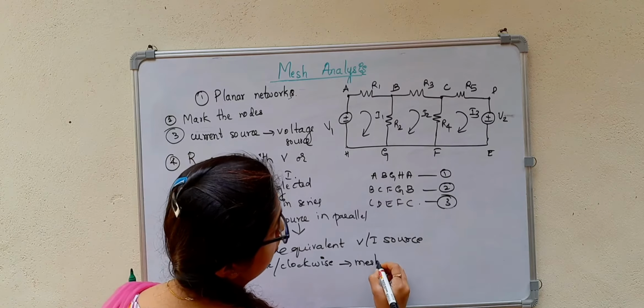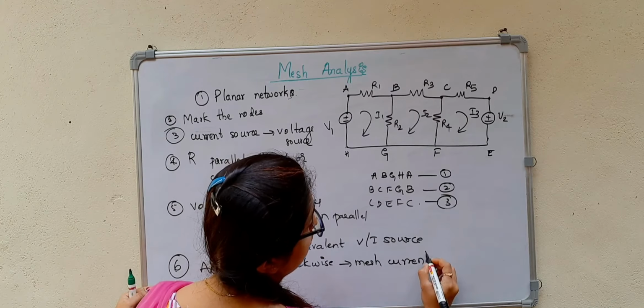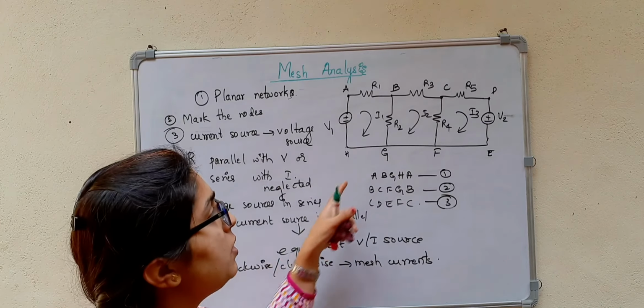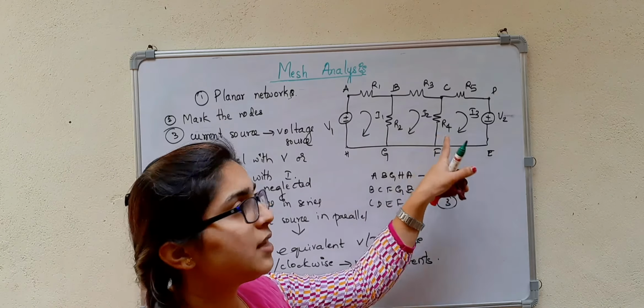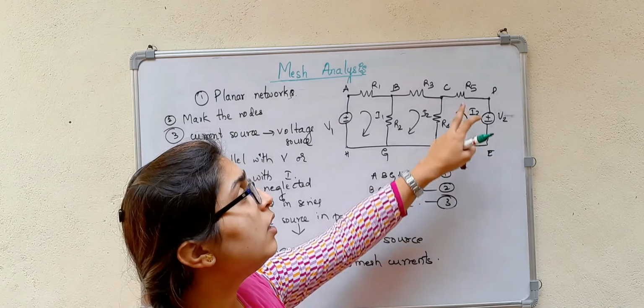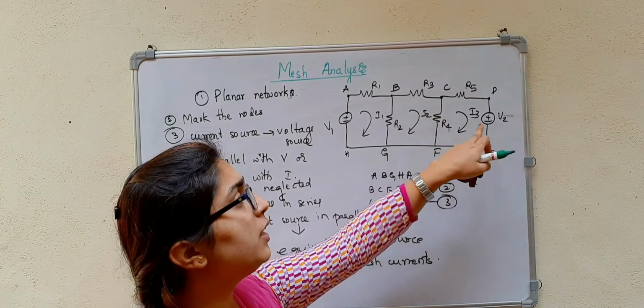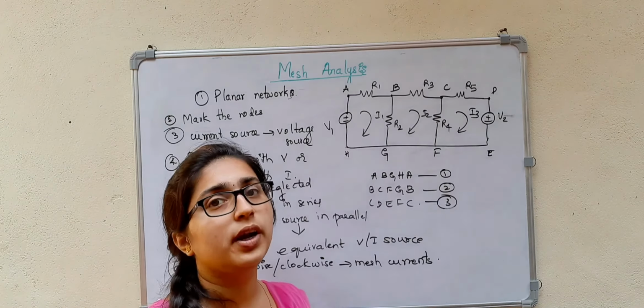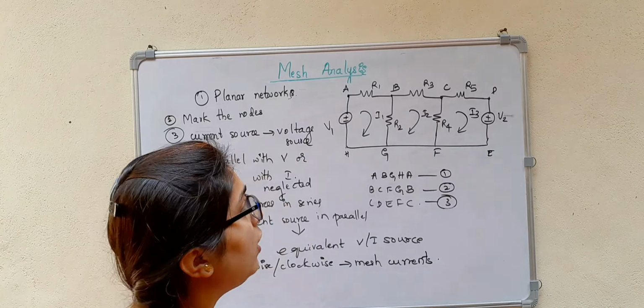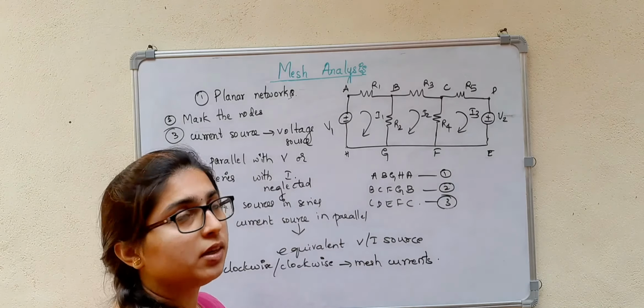You have to assign the currents in such a way that each and every circuit element is included at least once. No circuit element should be missed here.